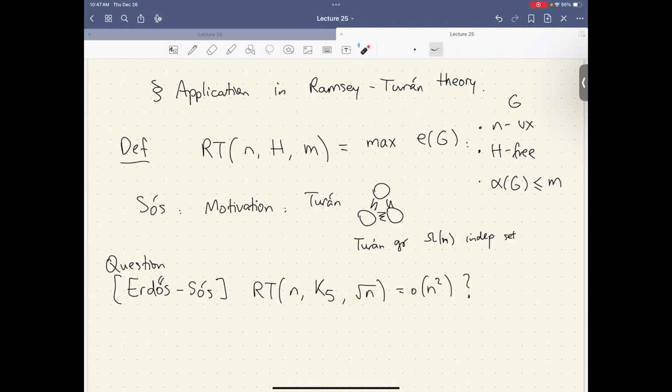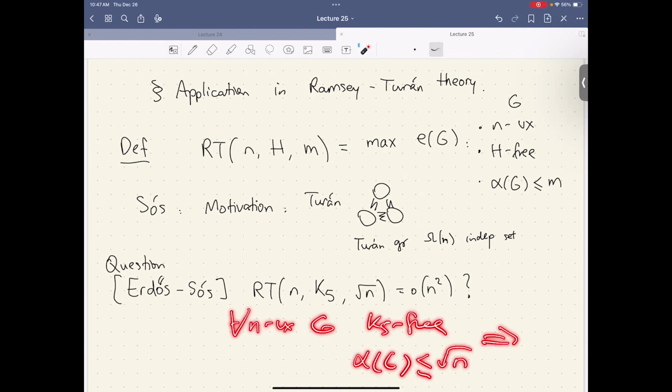In other words, is it true that for every n-vertex graph G, if it's K5-free and independence number is smaller than square root n, then you cannot have positive edge density? That's their question.